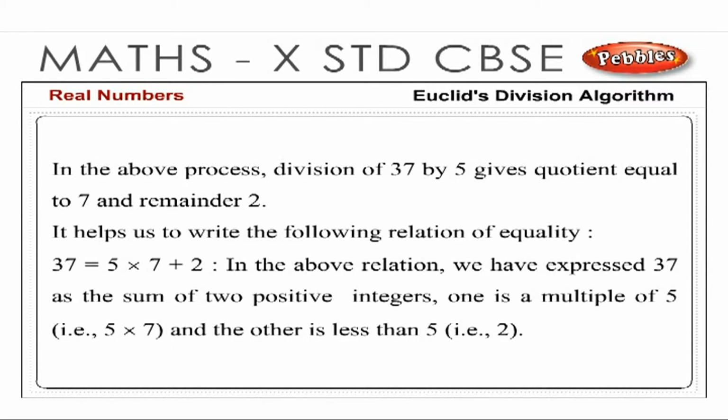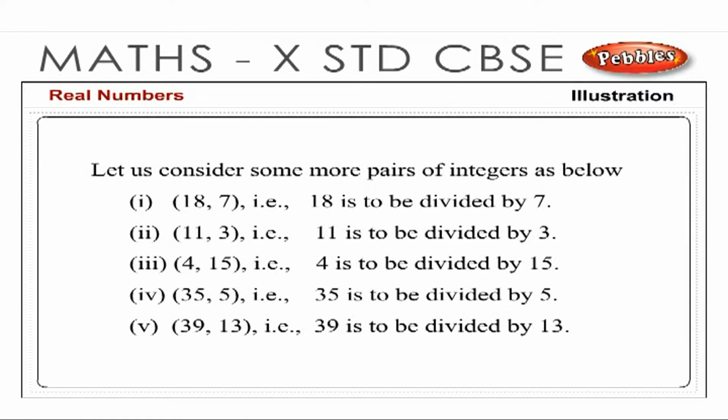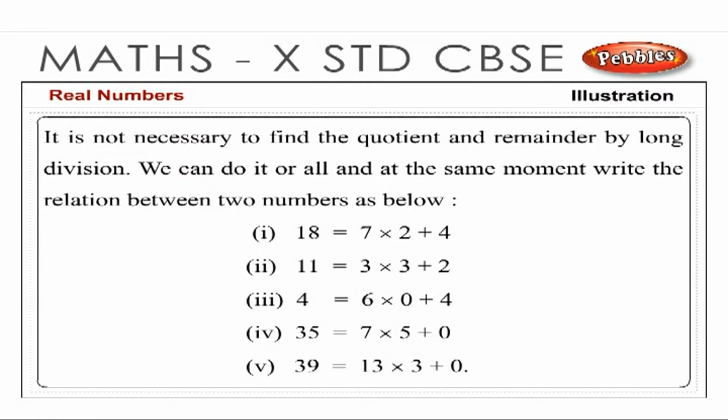In the above relation, we have expressed 37 as the sum of two positive integers. One is a multiple of 5, that is 5 into 7, and the other is less than 5, that is 2. Let us consider some more pairs of integers as below. It is not necessary to find the quotient and remainder by long division.